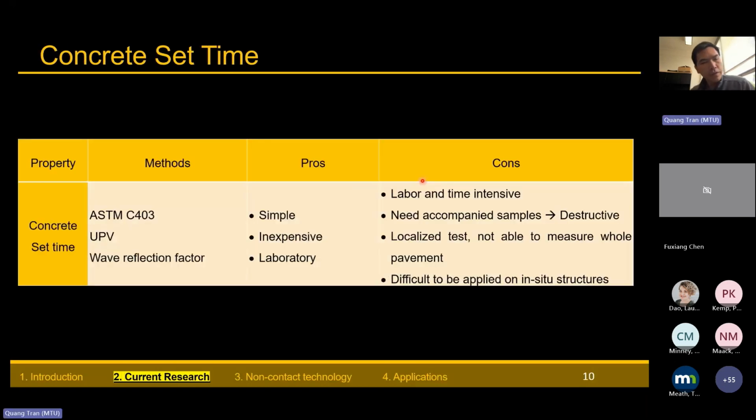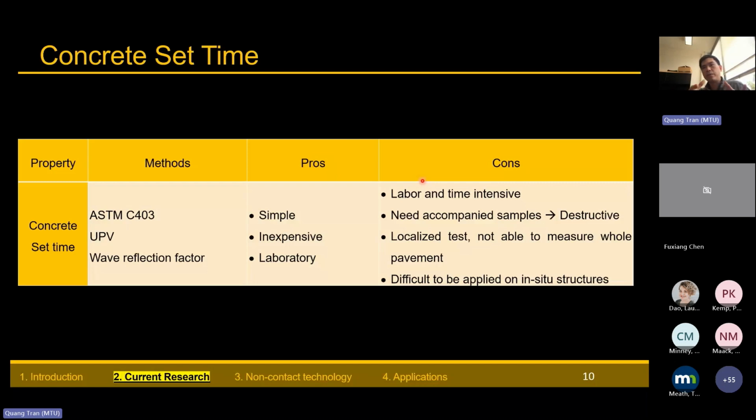So, just a summary of the existing methods that people have been using to determine the set times, including the pin penetration test in the ASTM standard, the UPV, and the wave reflection factors that I just showed. The advantages of most of them are that they are very simple, inexpensive, and very doable in the lab. But they have some challenges: they are very labor and time intensive.